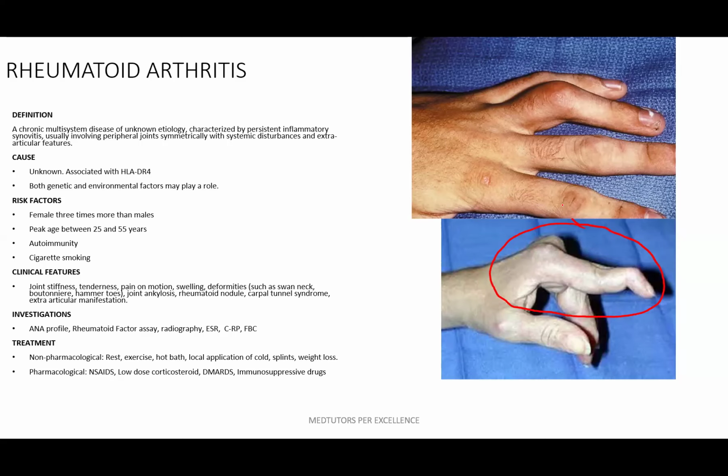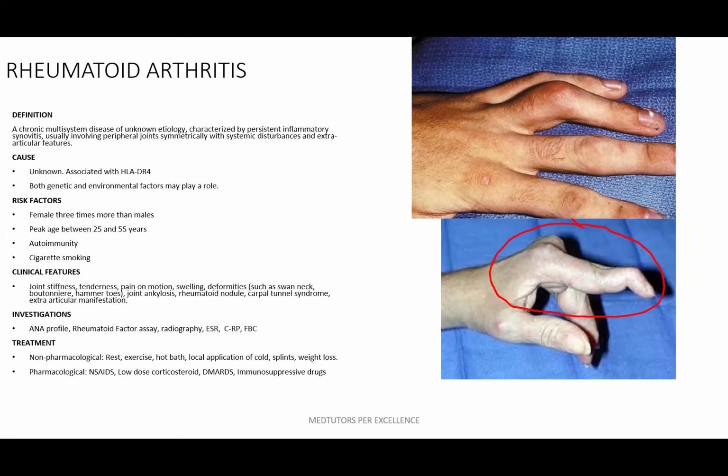Usually, what you find is reduction of the spaces of the joints, and you could have a lot of erosions of the joint that you see on X-ray. Then the ESR and C-reactive protein will all be elevated.